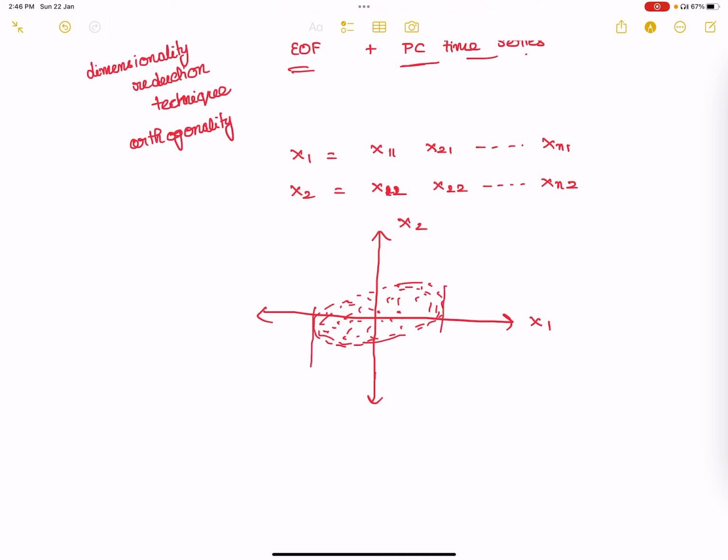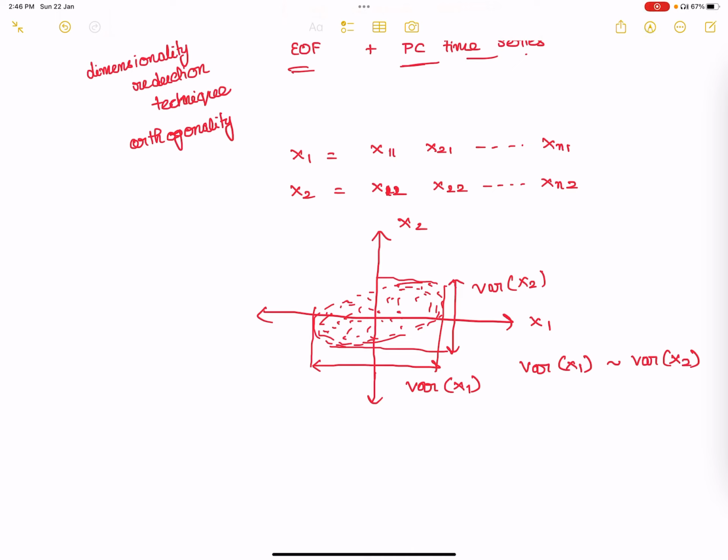It is this. And what is the variance in the x2 direction? It is this. So we can see that the variance of x1 is comparable to the variance of x2. So no dimension can be neglected here.